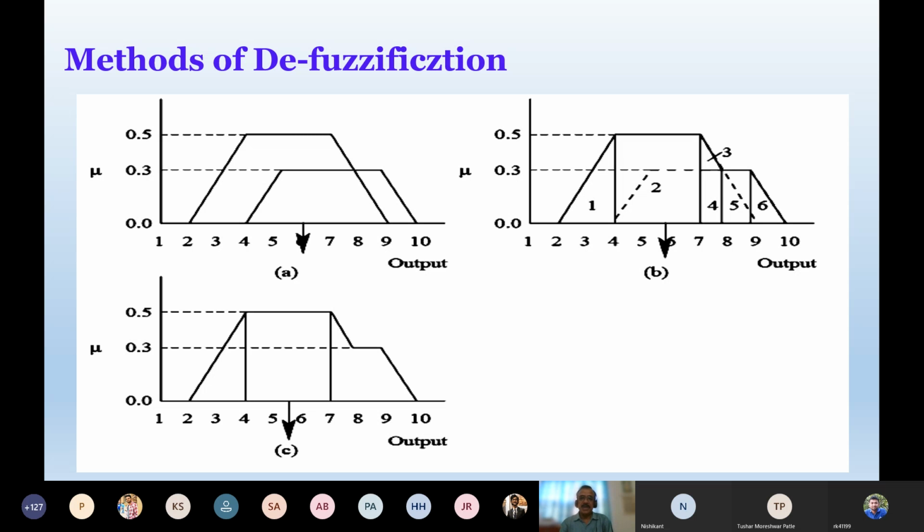I hope all of you are clear. Now what you do is, once you've got all such regular subregions like right angle triangle, rectangle, and all such things, very easily we can find out the area and center of area. All of you know how to find out the area of this particular triangle. That is half into base into height.